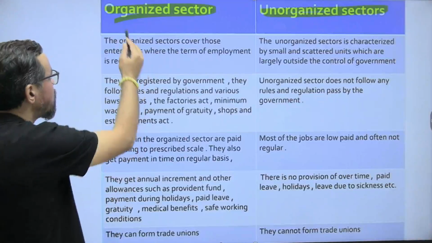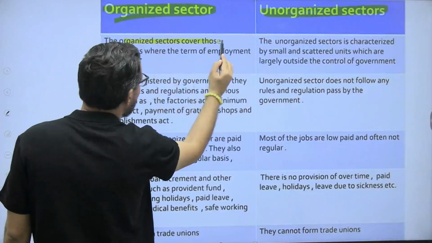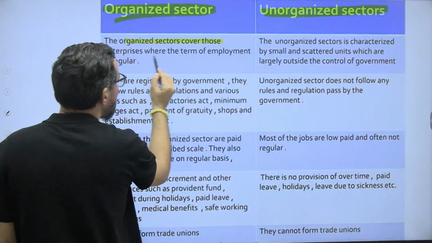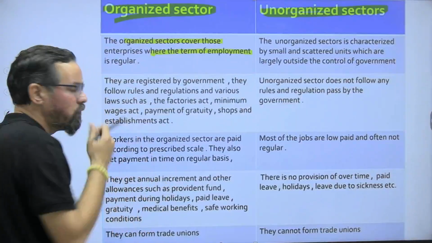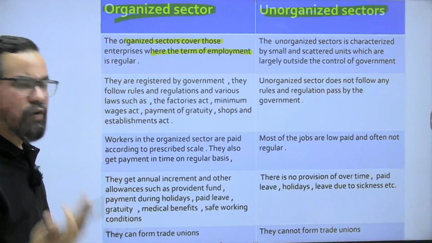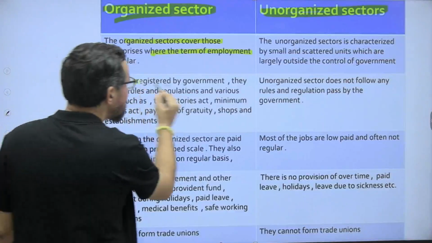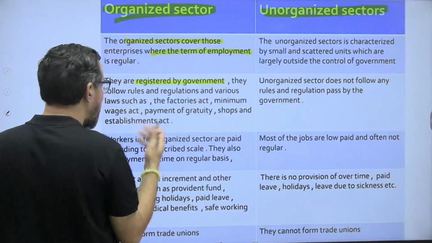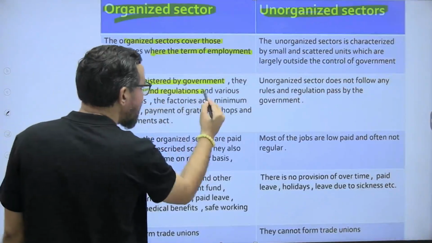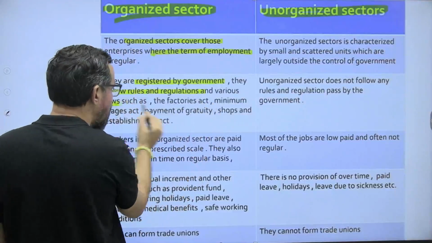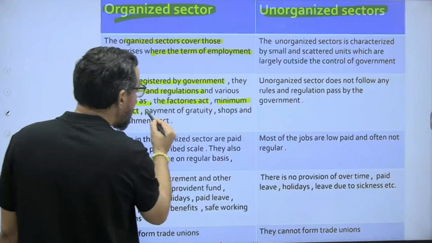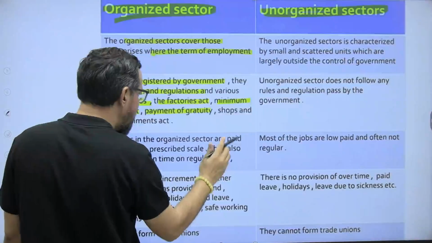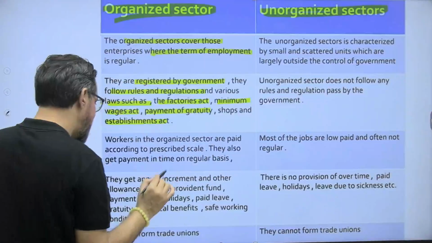So when it comes to the organized sector, it covers those enterprises where the term of employment is regular, basically full-time. They generally provide full-time employment. They are registered by governments or companies that follow rules and regulations and various laws, like the Factories Act, Minimum Wage Act, Payment of Gratuity, Shop and Establishment Act and all.